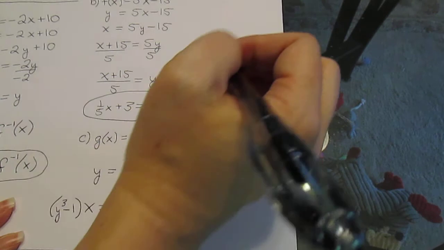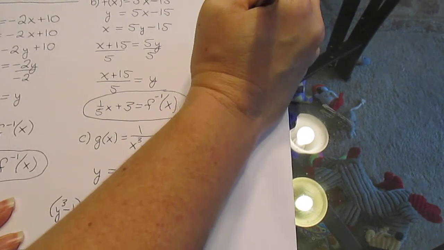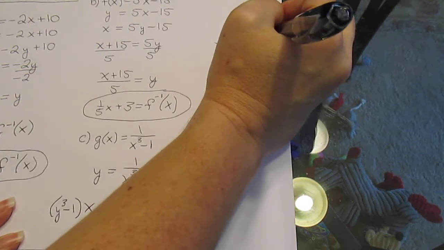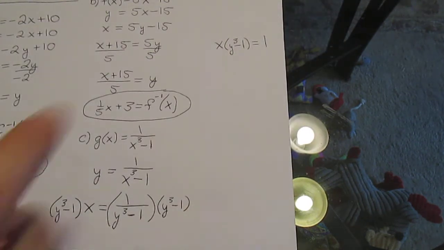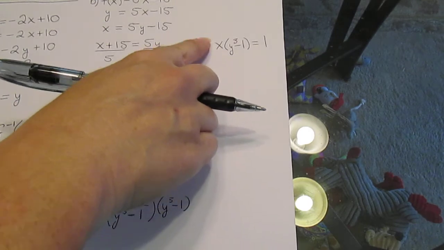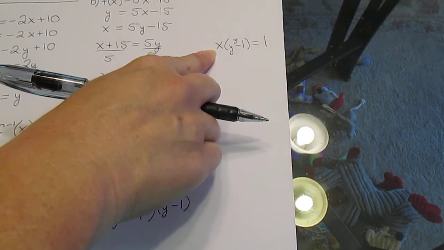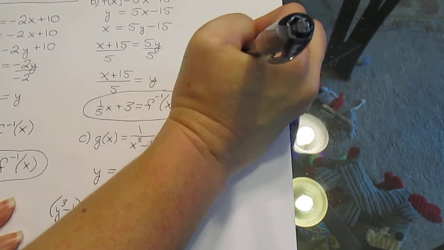Okay, so that's going to give me x times y cubed minus 1 equals 1. We're solving for y, so you might want to distribute, but that's not going to get you the result that you want. Okay, so I'm going to divide both sides by x.